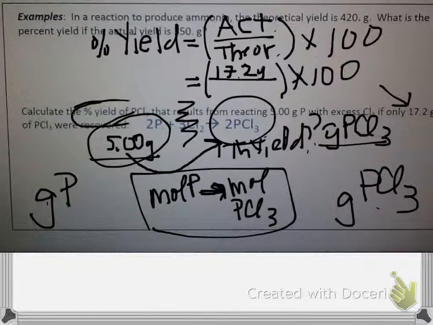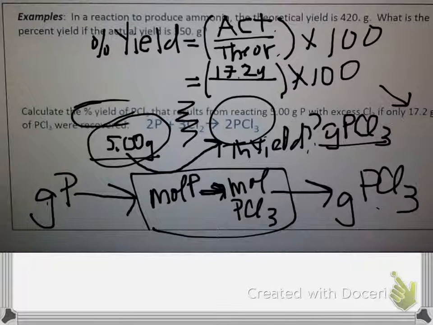But I'm not given moles of phosphorus, and I'm not asked for moles of phosphorus trichloride. I need grams of phosphorus trichloride for my theoretical yield. Can I convert in and out of the mole? Why, sure I can. I can convert grams of phosphorus to moles of phosphorus, then moles of phosphorus to moles of phosphorus trichloride, and then convert to grams of phosphorus trichloride.